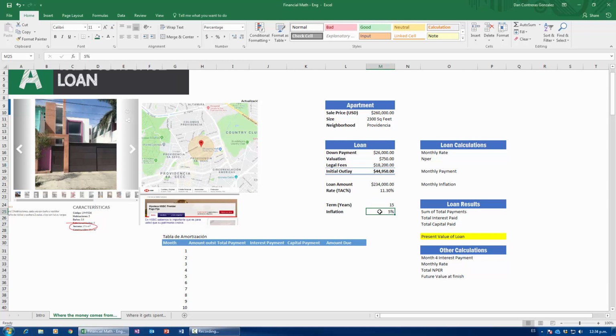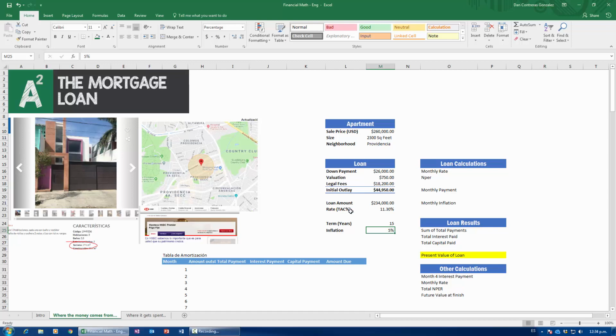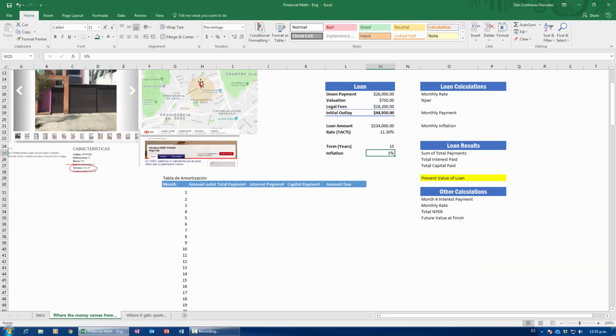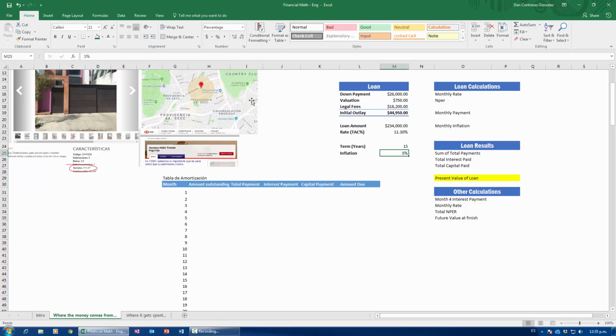Remember, that's how fast your money loses value. It's 5% right now in Mexico. I'm not sure how much it is in America, but I think it was under 2%. We're going to be using all of this data to calculate how the payments are going to go.